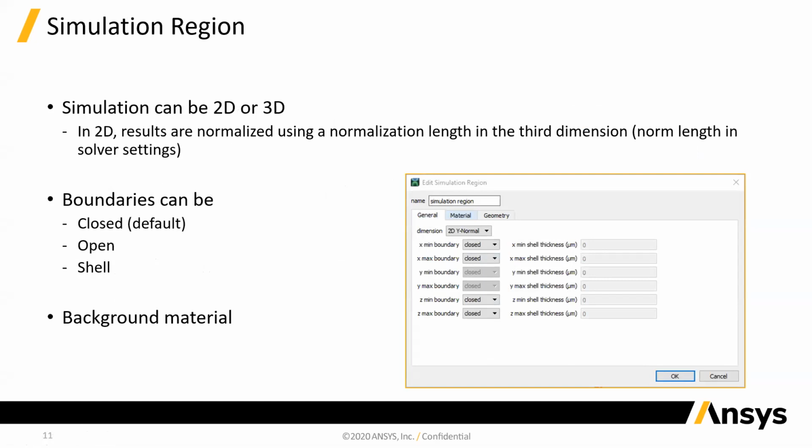Another thing that's different in the finite element IDE is that you have a simulation object called simulation region. So you can create your 3D geometry in any way you want by combining different geometries, rectangles, triangles, pyramids, or circles, and so on.